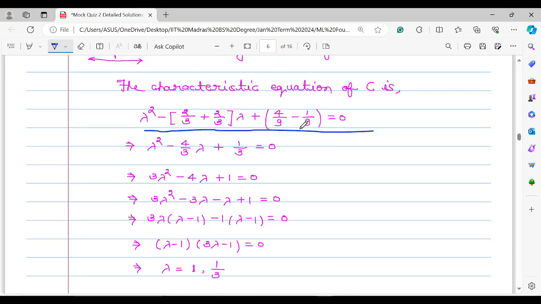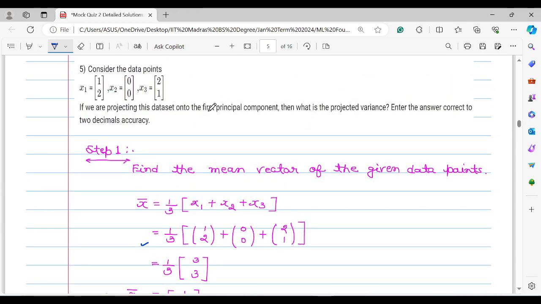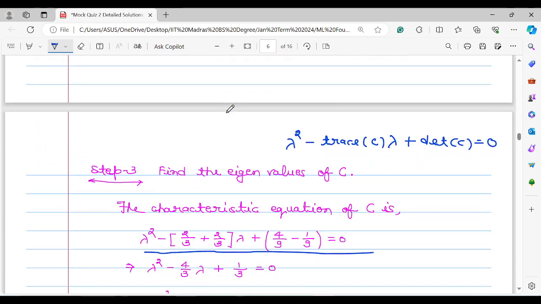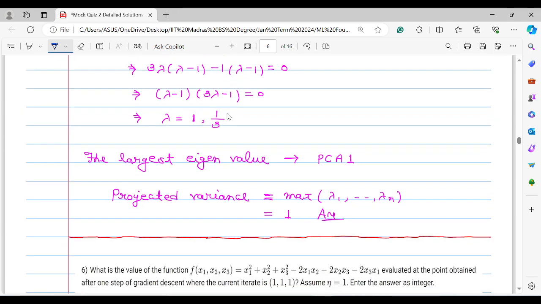We have to find the projected variance for the first principal component. The largest eigenvalue gives the first principal component, PC1. So the projected variance is the maximum of these 2 lambdas. The maximum of these 2 values is 1. So our answer is 1.